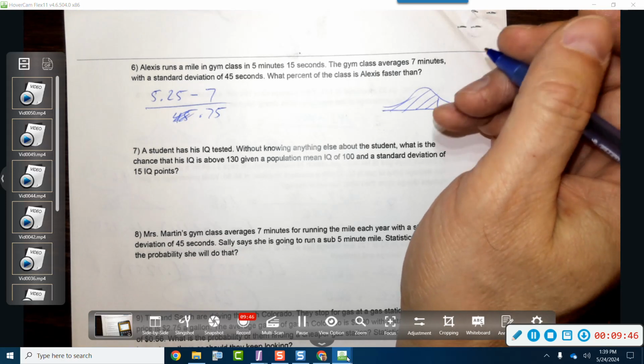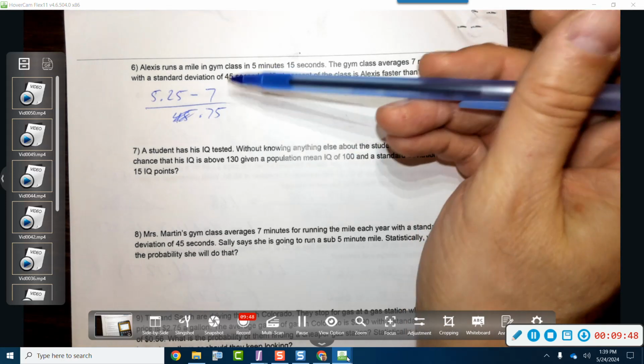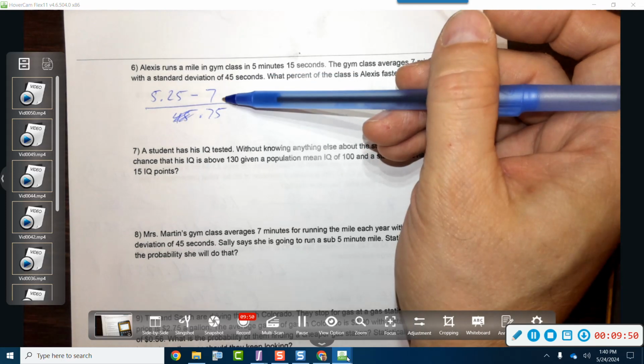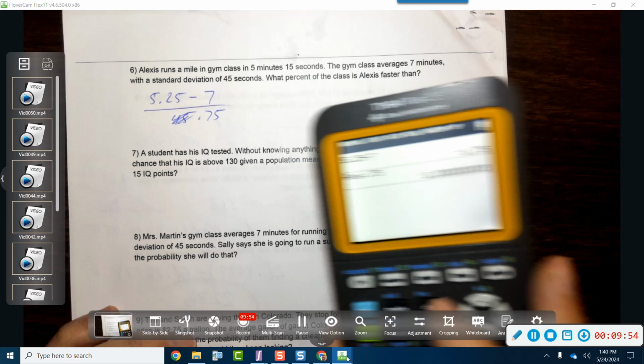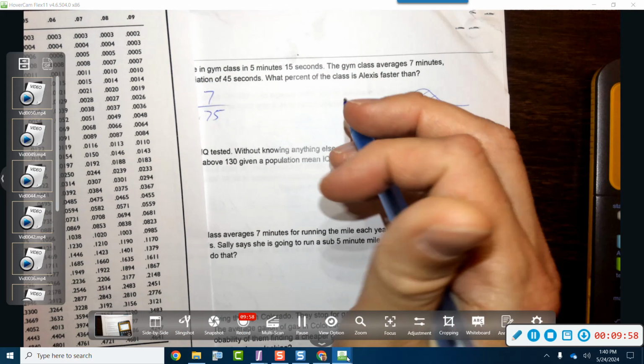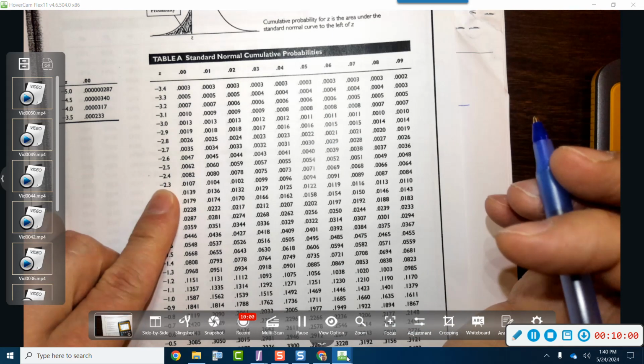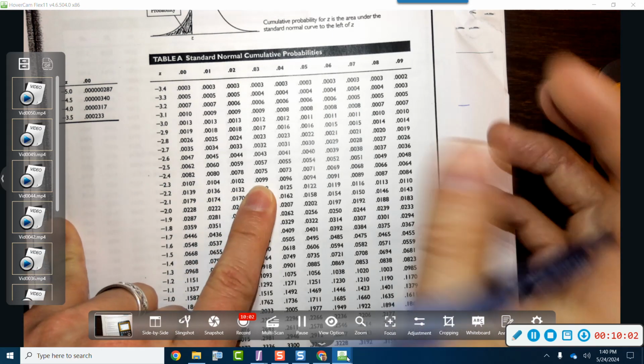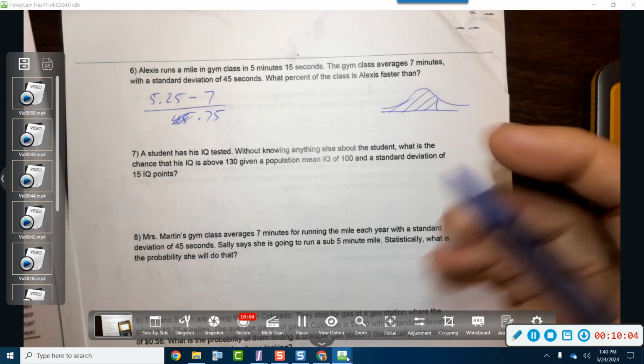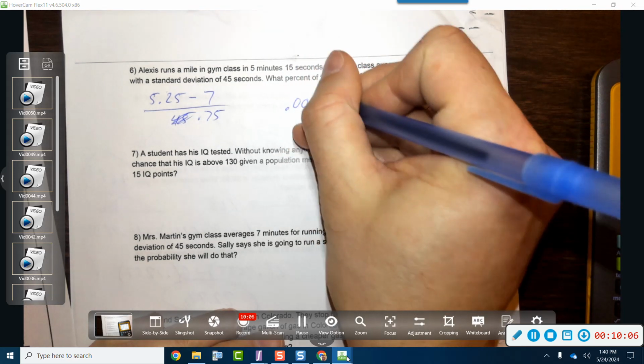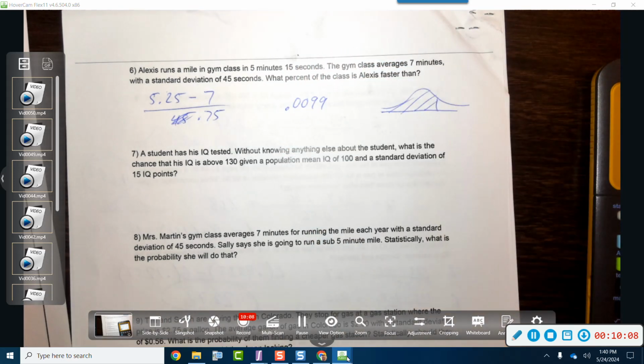Okay, so what I don't like, though, is the idea that, well, here, let's look at that, because this has got an interesting twist to it. Negative 2.33 is actually 0.0099. Okay. Now, what does this mean?